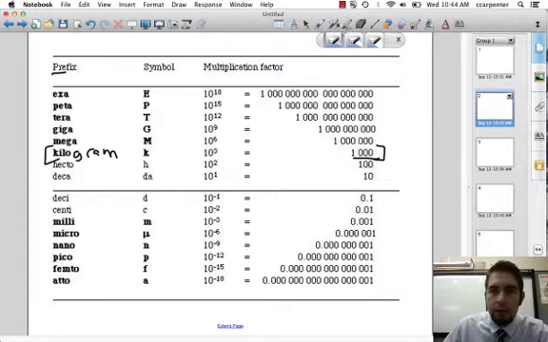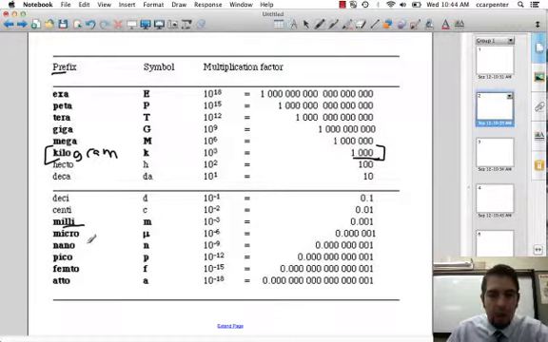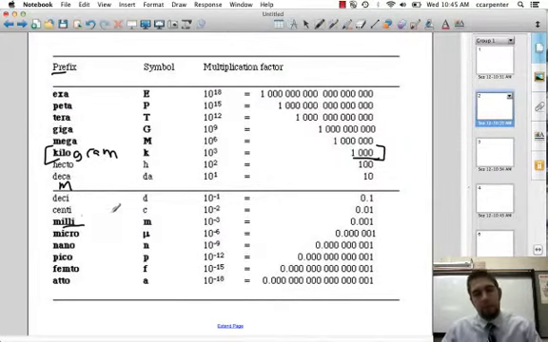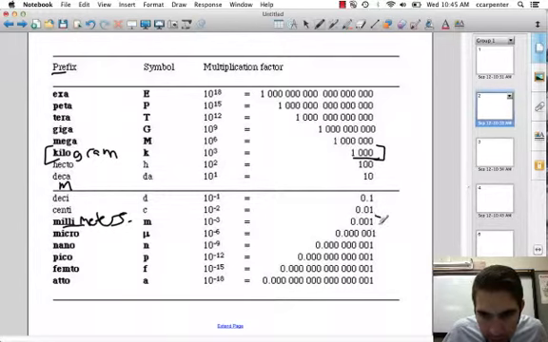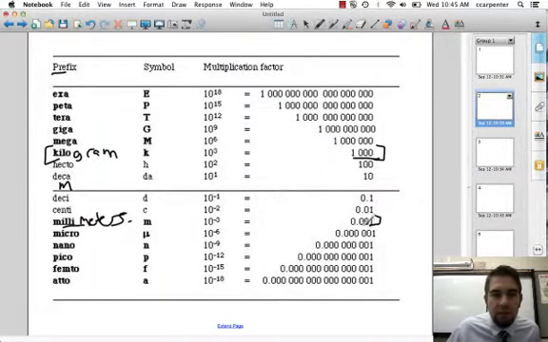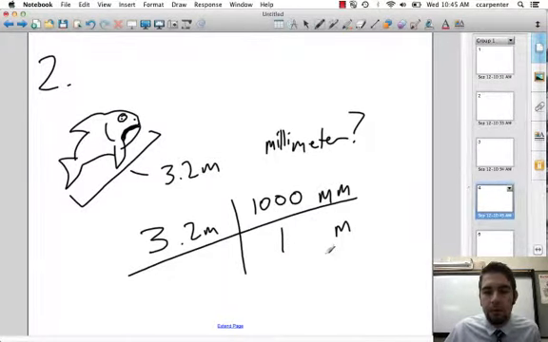Milli, meaning 1/1000th: if I have a regular meter, there are 1,000 millimeters in 1 meter. That's why it's 1/1000th. So let's go ahead and try this. 1,000 millimeters. Pretty simple, right? Plug it into the calculator, 3.2.